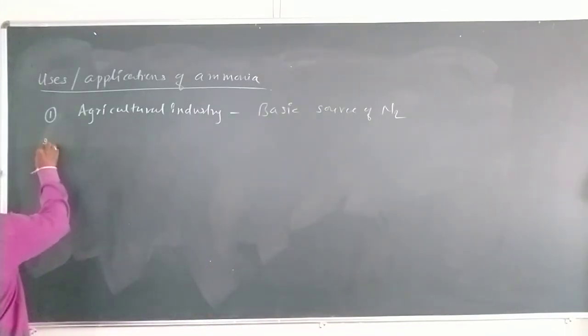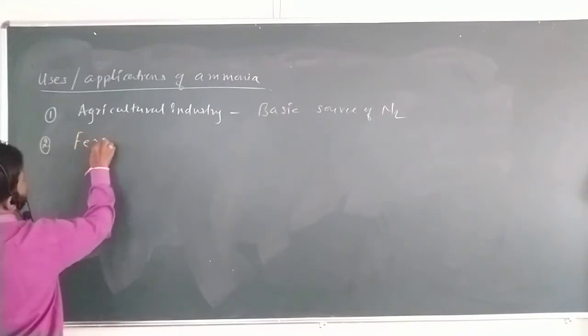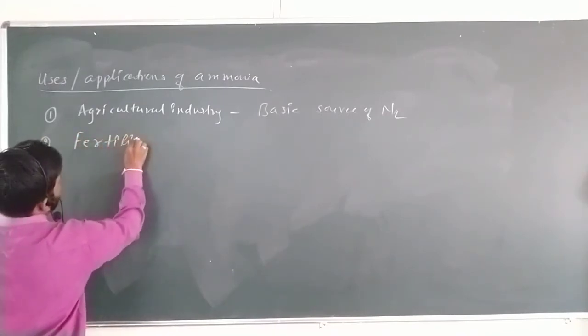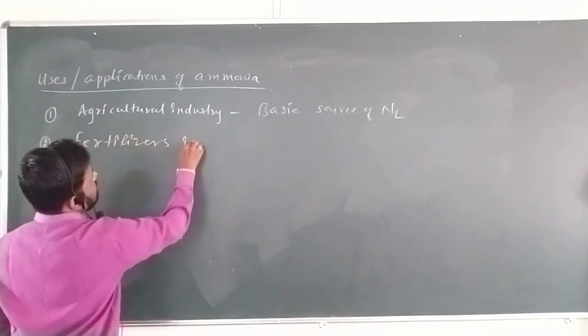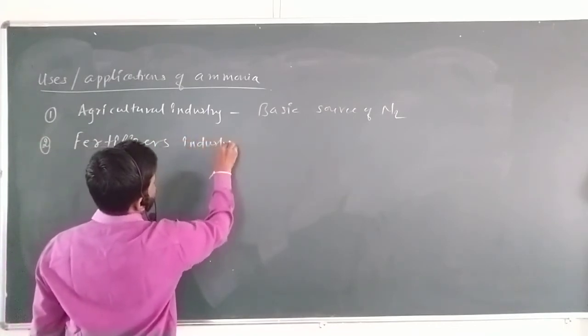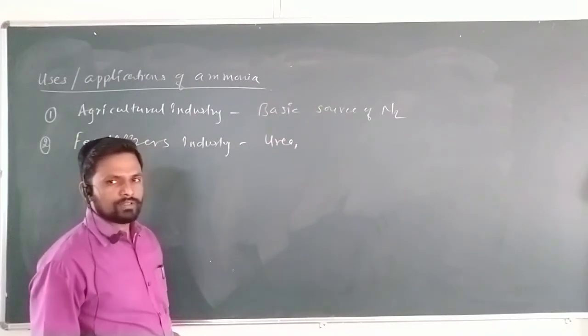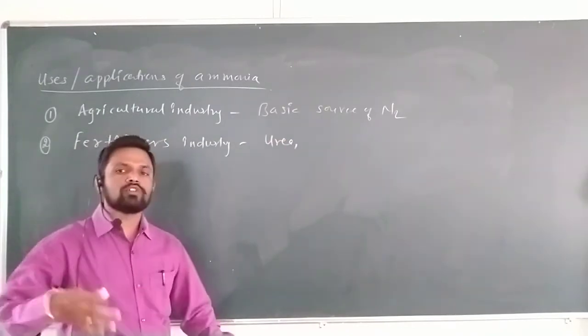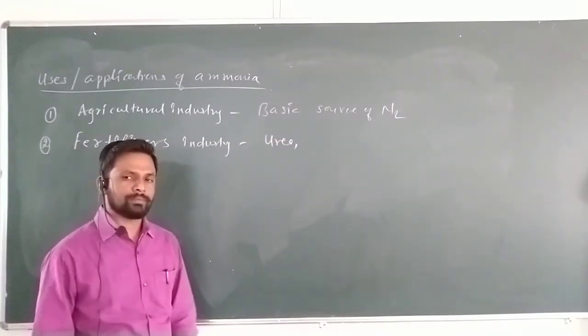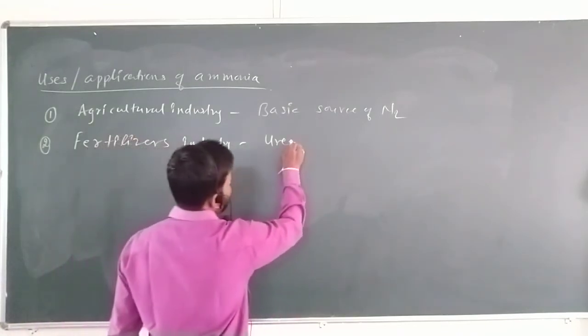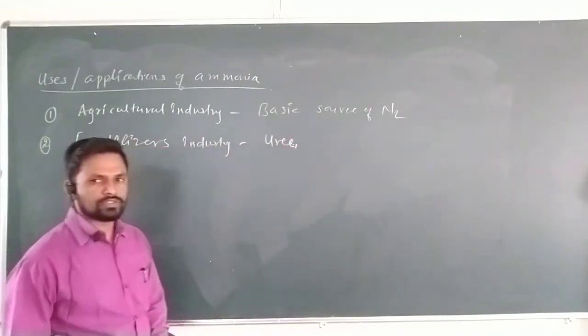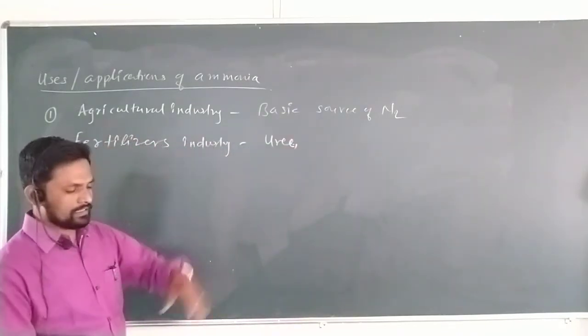And the second, the fertilizer industry, where ammonia is used. Examples: urea, ammonium phosphate, superphosphate, triple phosphate. Likewise, urea is a fertilizer used in the agricultural or fertilizer industry.